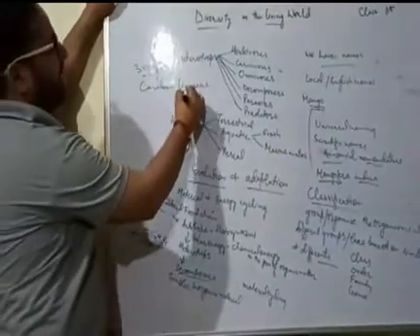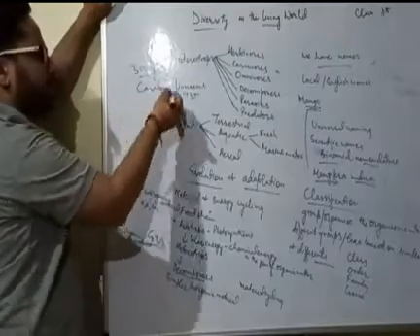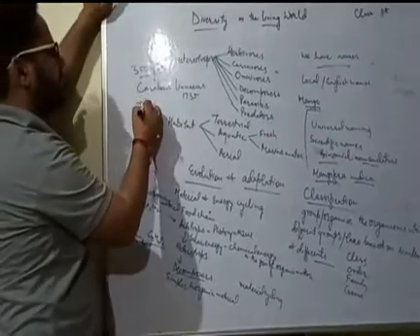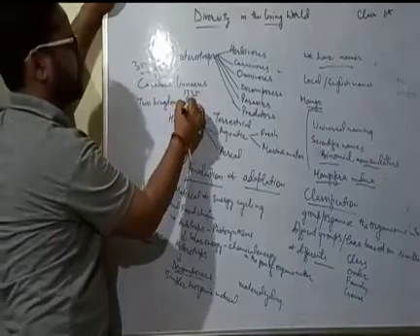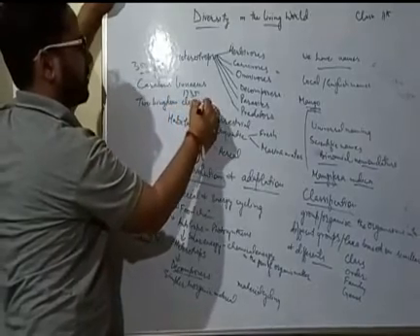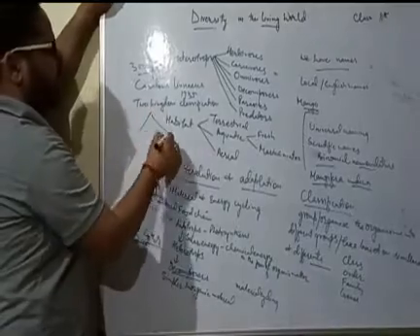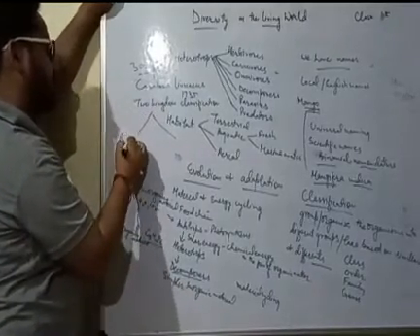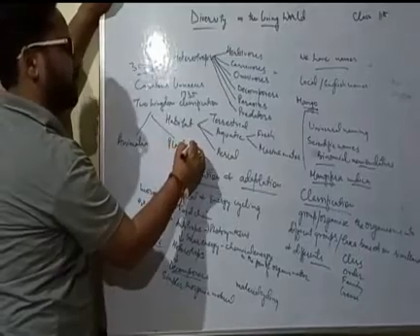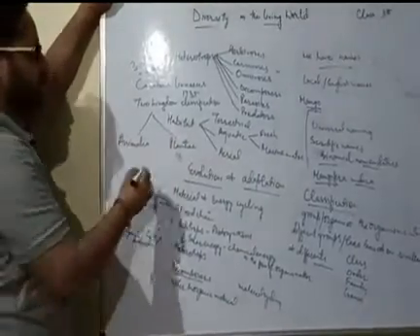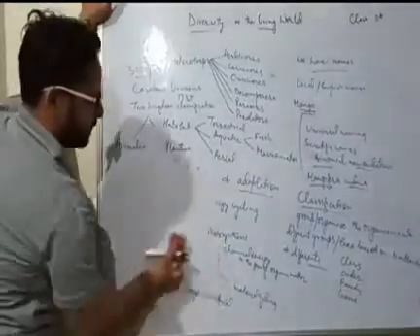In the year 1735, he gave a two kingdom classification, where organisms were divided into kingdom Animalia and Plantae. But with further research, there were certain limitations of this system.